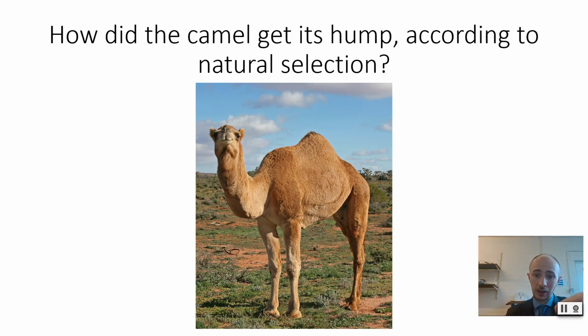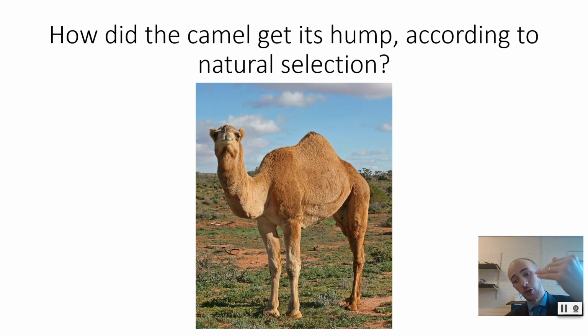So there's two things there. It's got a change in its DNA, which has led it to have a little hump. The second thing to say is that that hump will allow it to survive better because it's got loads of fat in it on its back. You can break down that hump and release water. So we've got a positive change there. That enables it to survive longer.